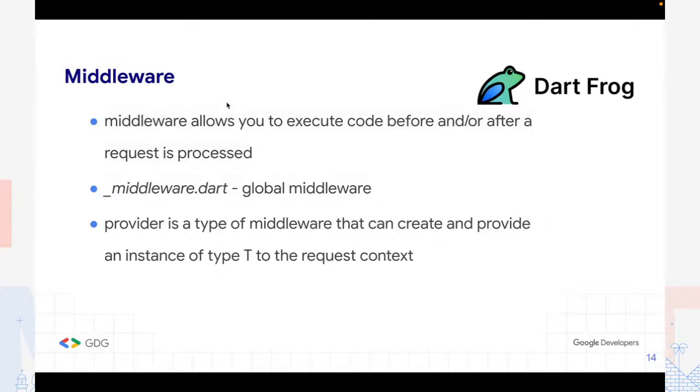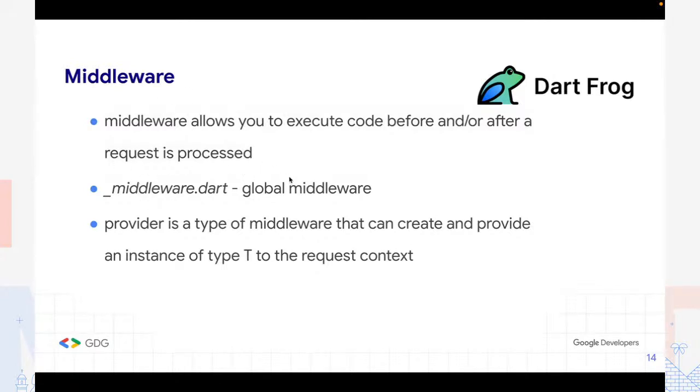Now, middleware allows you to execute code before and or after a request is processed, which means that a portion of the code which exists in the middleware can be executed when a request is processed, before or after. That depends completely on the use case.